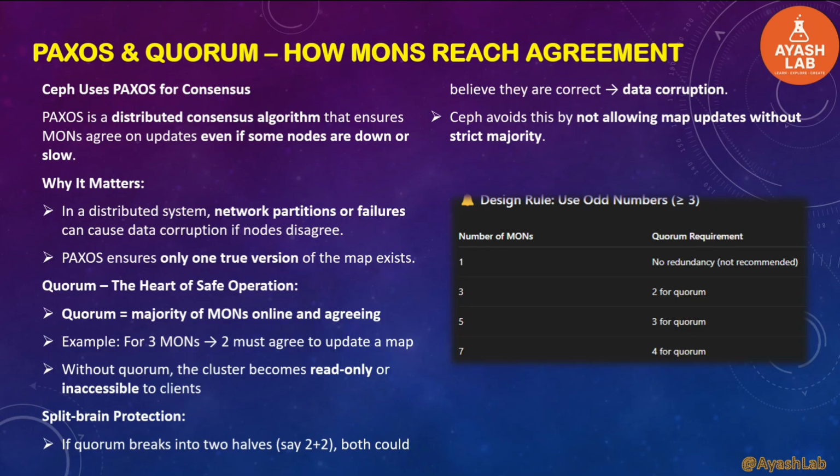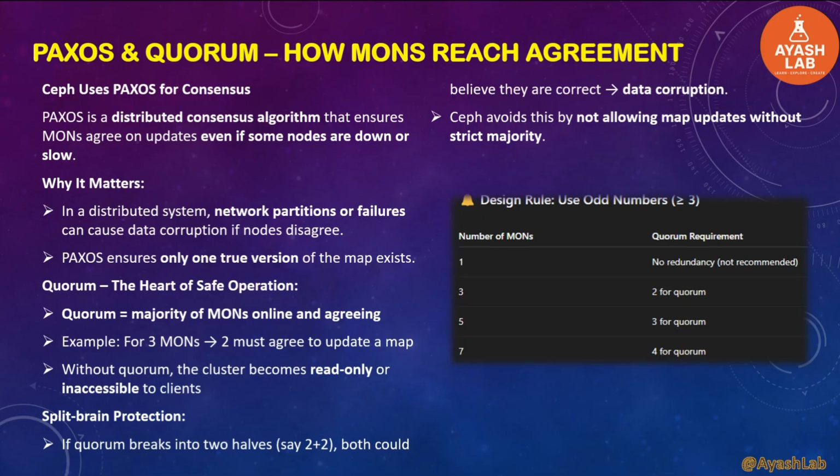What is quorum? Quorum means majority agreement among mons. If you have three mons, at least two must agree to make a change.